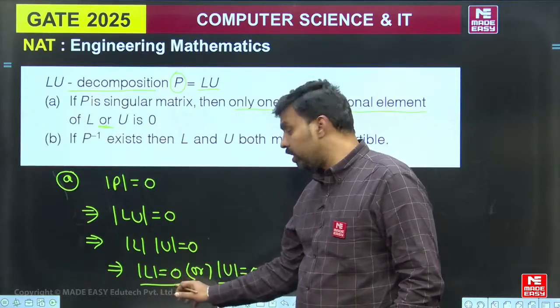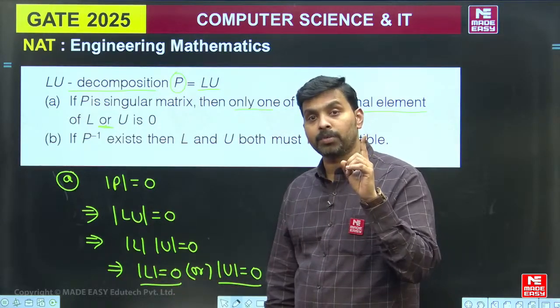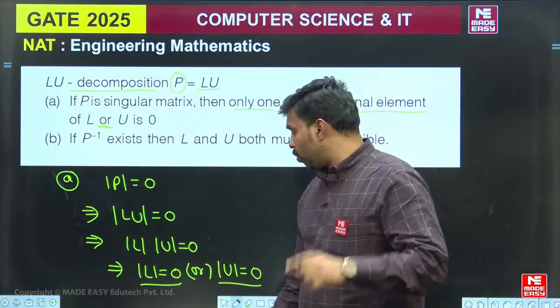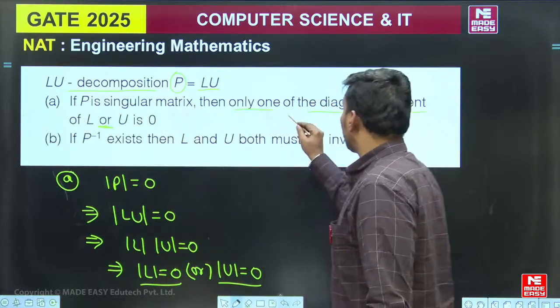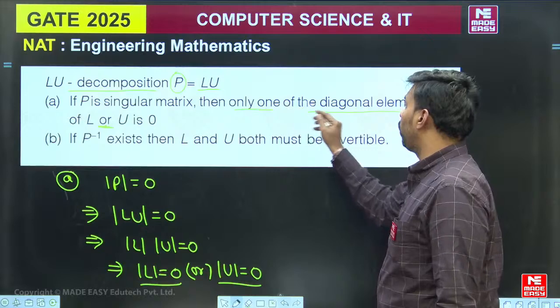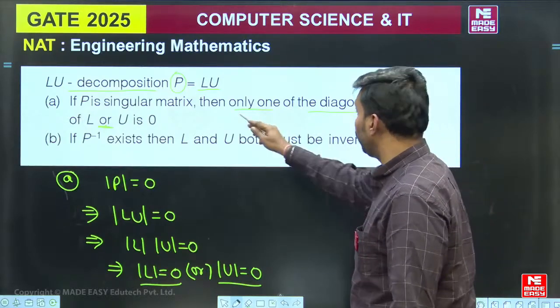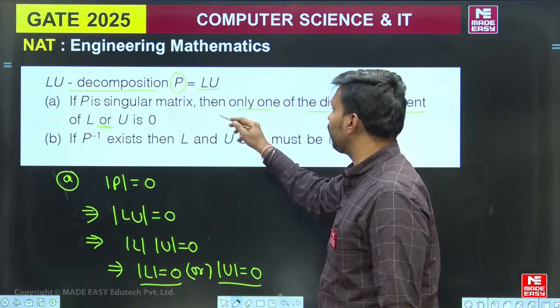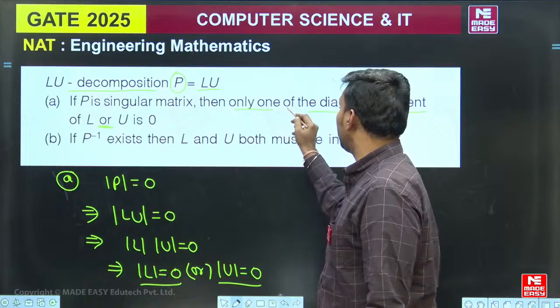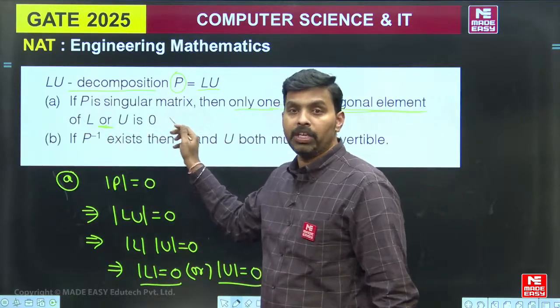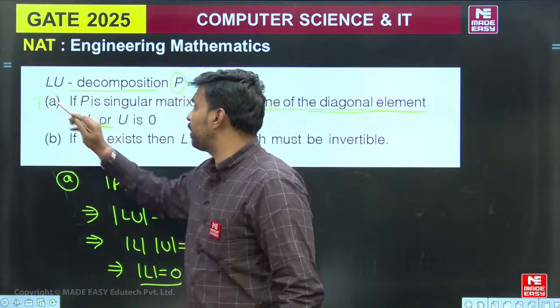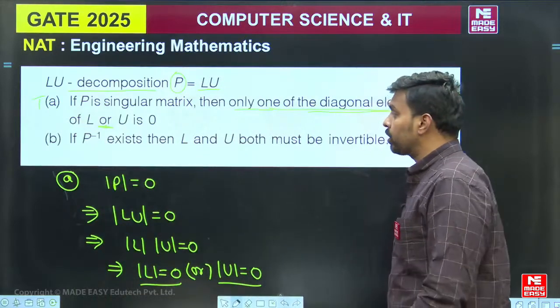The product of the diagonal elements being 0 means at least one of the diagonal elements must be 0, either in L or U. So the compulsory event is only one of them. Then only you can say that if P is a singular matrix, then one of the diagonal elements of L or U is 0. So it is a true statement, a true conditional statement.